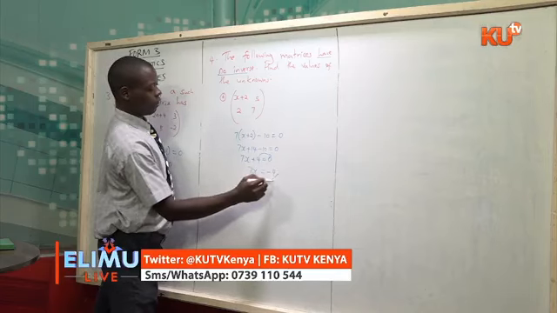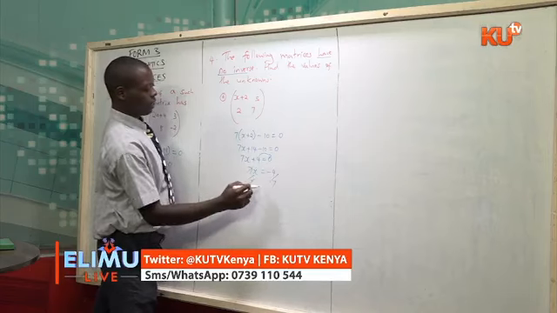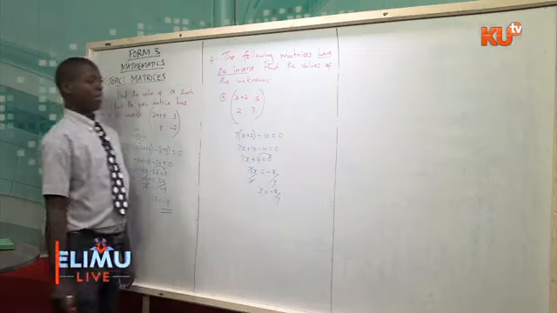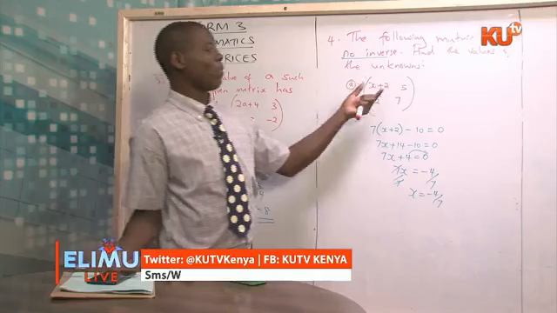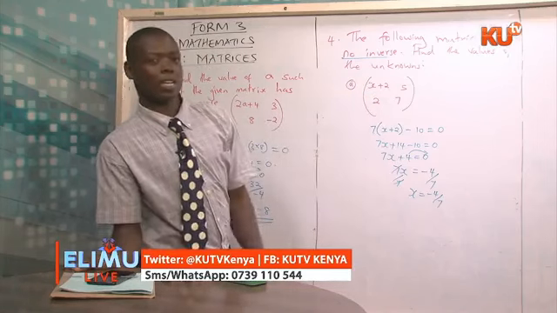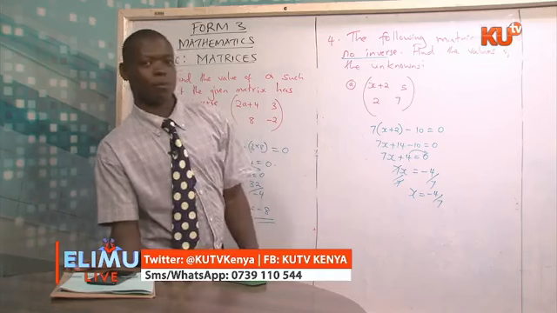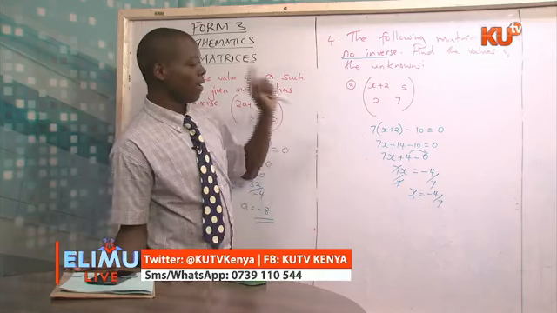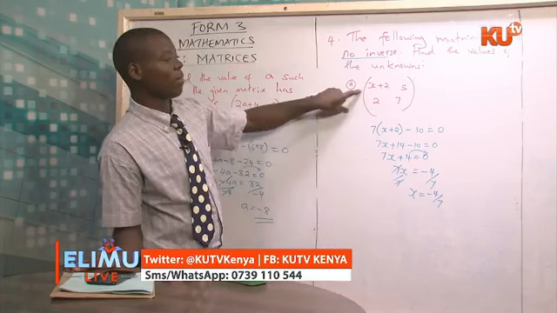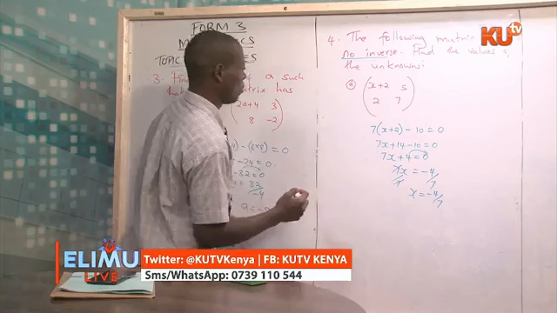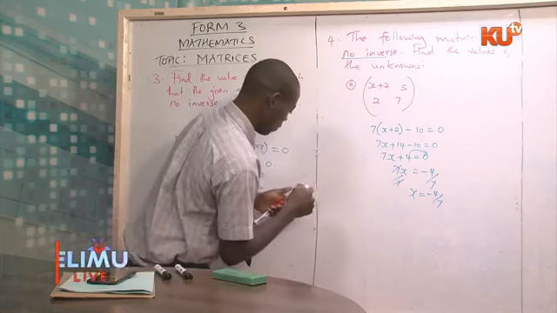Divide by 7 on both sides. This cancels, so x is equal to minus 4 over 7. And if you replace x with minus 4 over 7, you will still find the determinant of this matrix to be 0. So that is the first case, where we are determining the value of x for which this matrix has a determinant of 0.